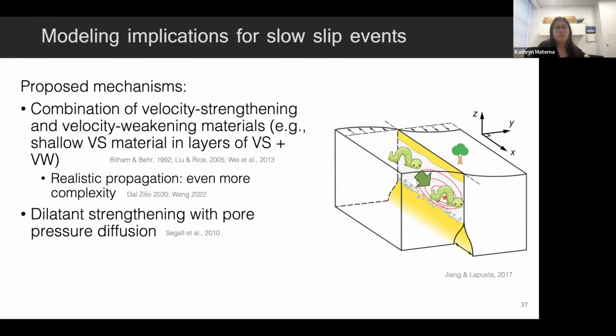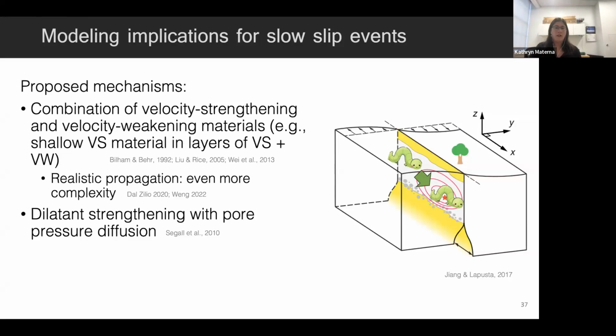There have been several proposed mechanisms for episodes of slow slip, because as I mentioned, the process of slow slip is easiest to explain as a slow and steady process, but is more difficult to explain when it's burst-like, but does not reach seismic speeds. So the two most commonly proposed mechanisms for modeling of slow slip events include, first of all, a combination of velocity strengthening and velocity weakening materials.